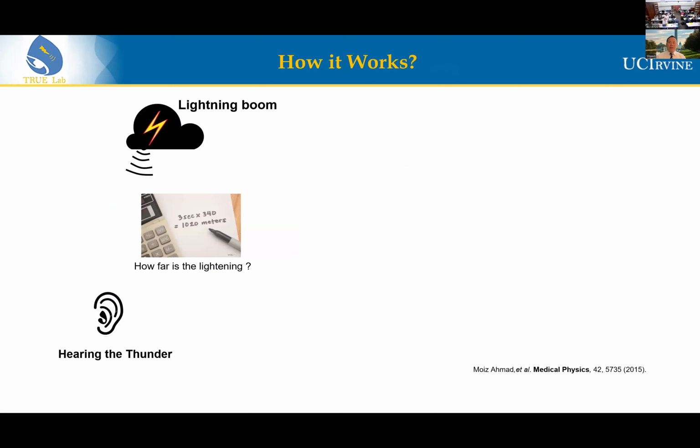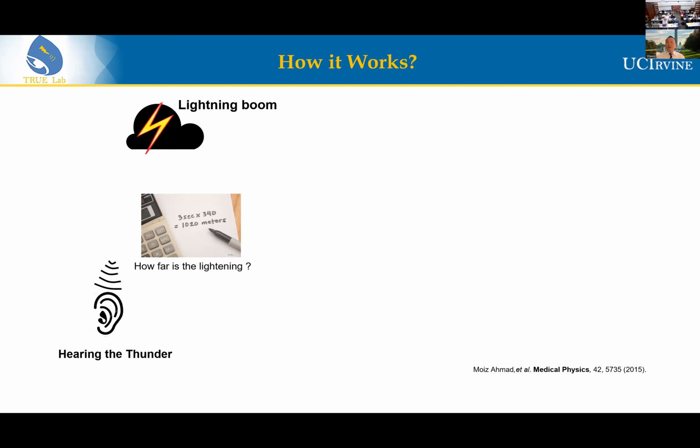So I will give you an analogy to really understand what's going on with photoacoustic imaging, right? The laser beam is just like lightning and thunder, right? Think about there's lightning, and whenever lightning is happening, the air in the atmosphere is going to be heated up and expand to produce a sonic boom.